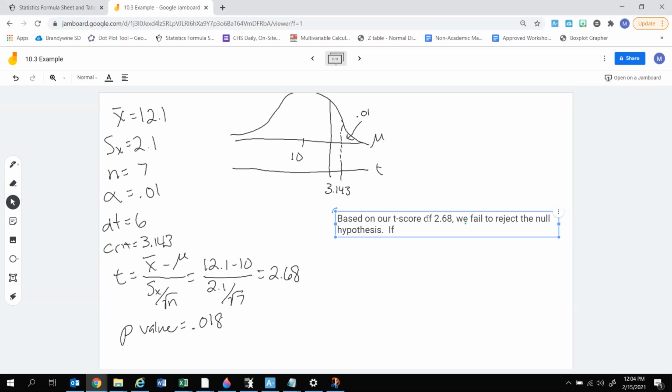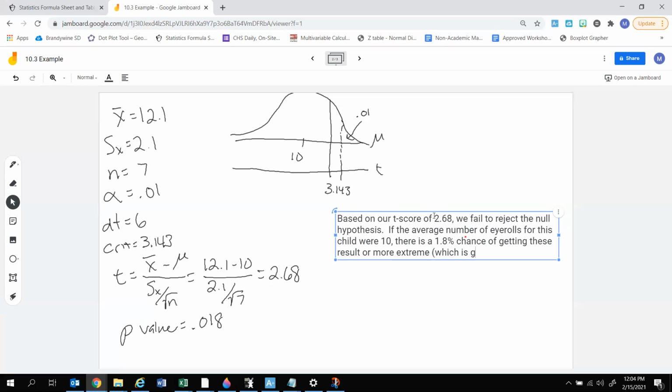If the average number of eye rolls were really 10, there is a, what do we say the p-value was? 1.8% chance of getting these results or more extreme, which is greater than our alpha.